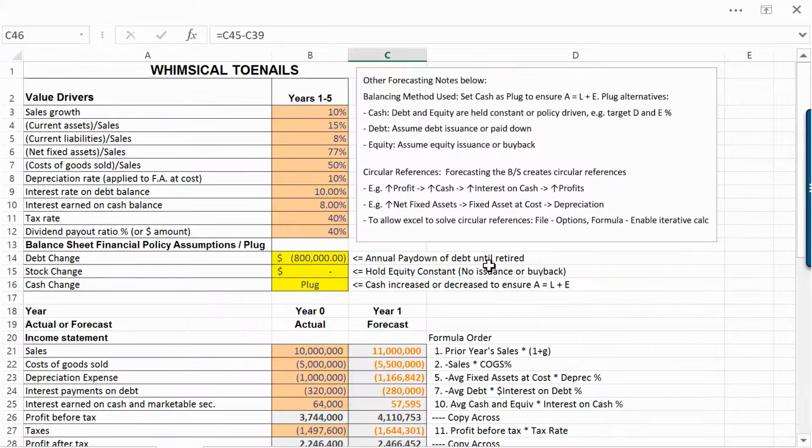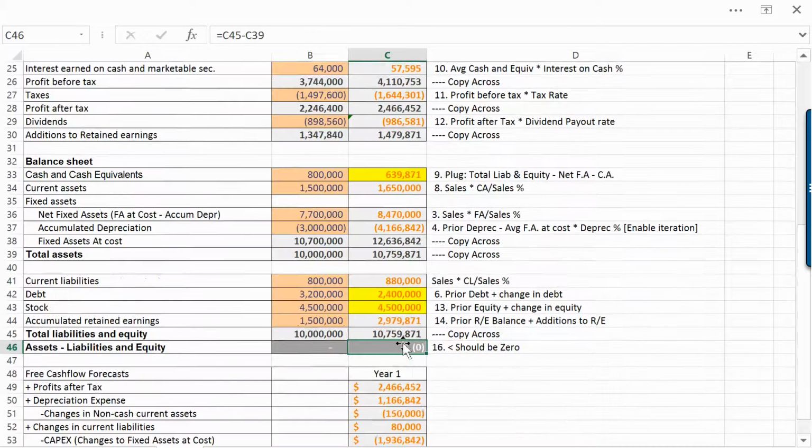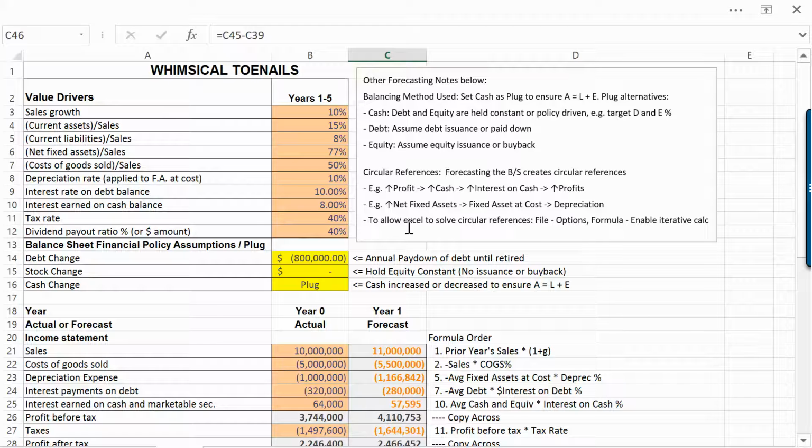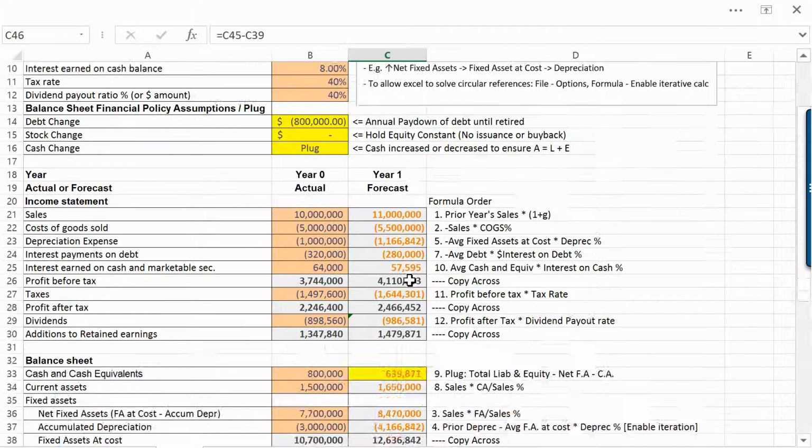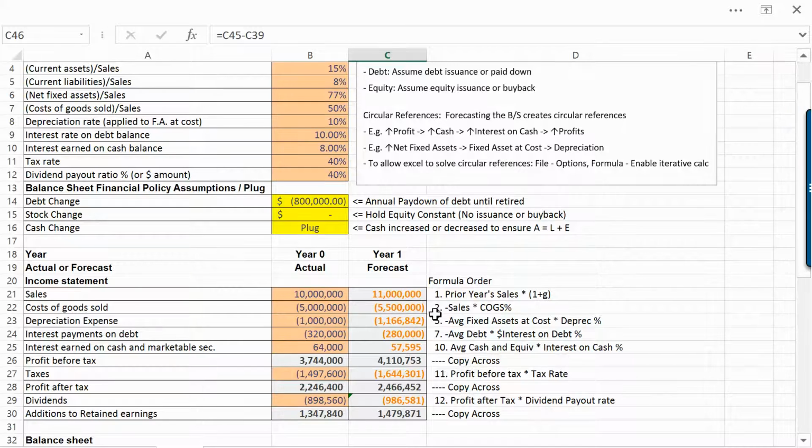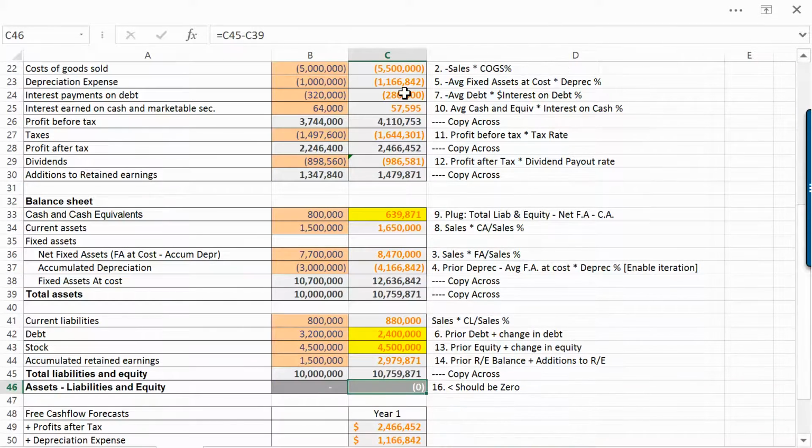Now, I'm going to make a little note here that normally I would get a circular reference if I did something like this, because think about what I'm doing. If my profits go up, my retained earnings are going to go up. Therefore, my cash balance is going to go up, right?